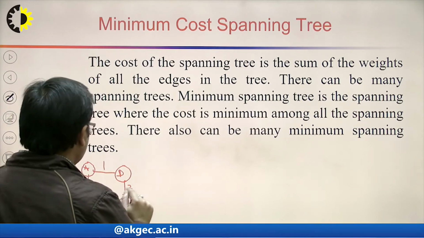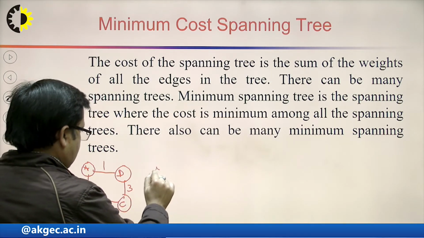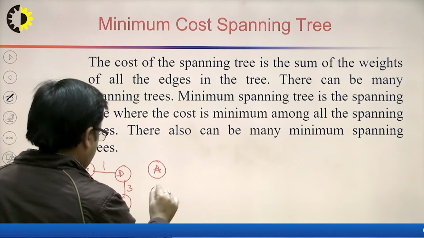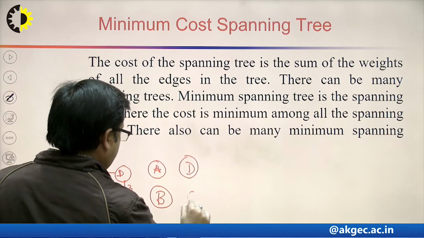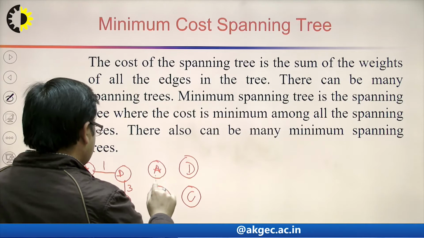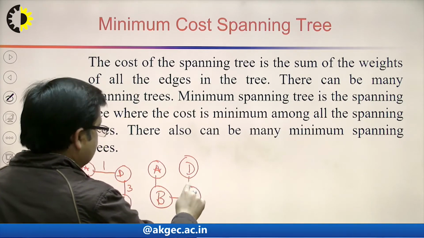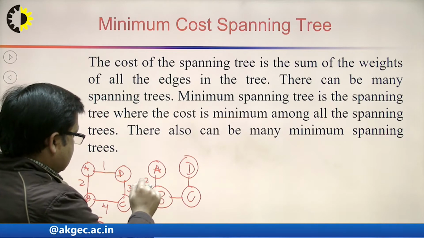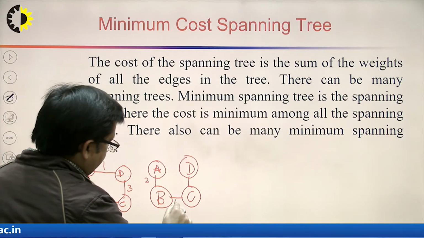What will be the exact graph after removing the edge A to D? So this is the actual graph. We are removing A to D. So A to B is there, B to C is there, D to C is there, right, and the number of edges is 3, that is 4 minus 1, that is n minus 1.